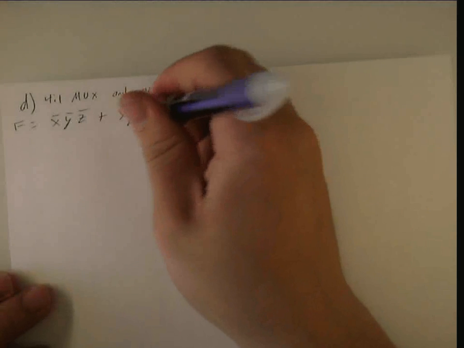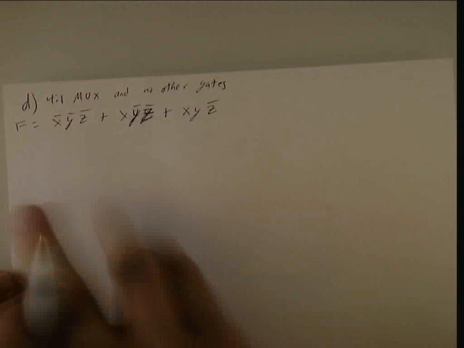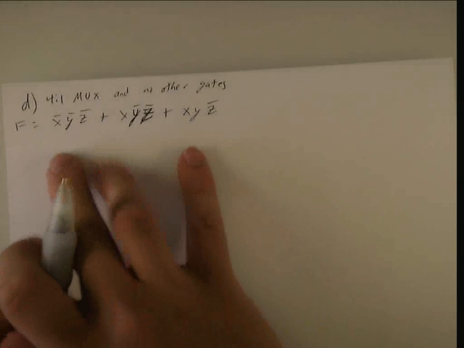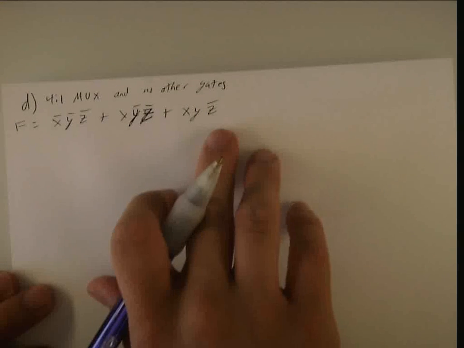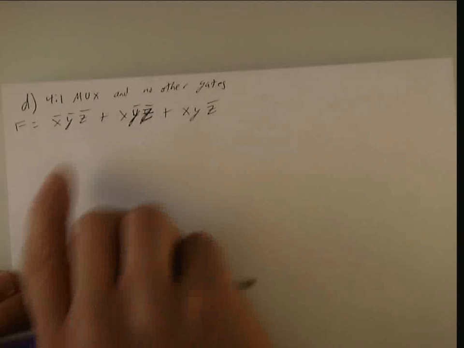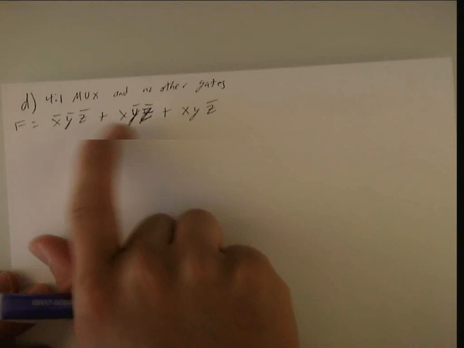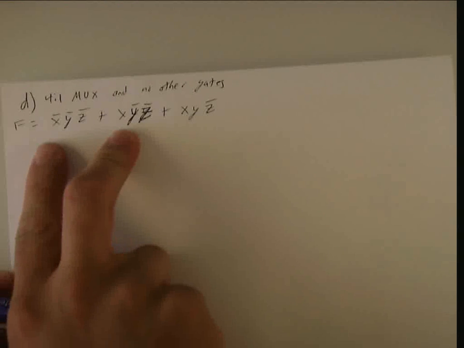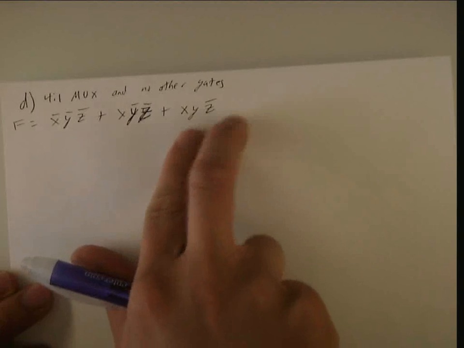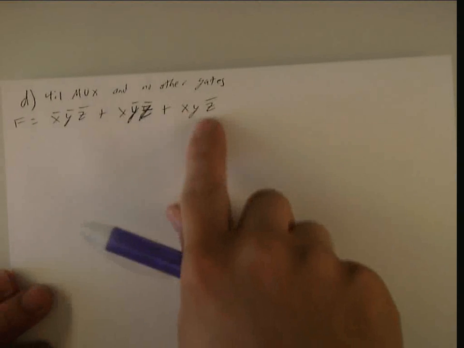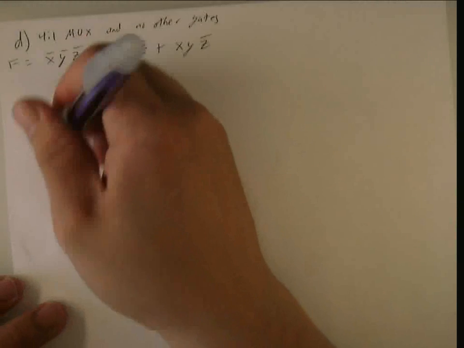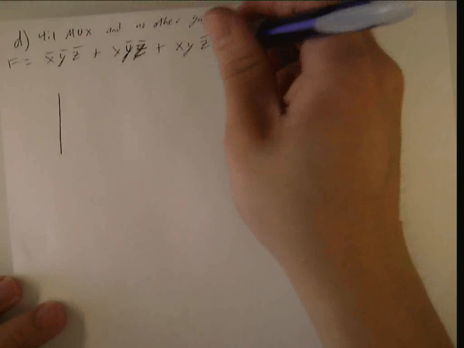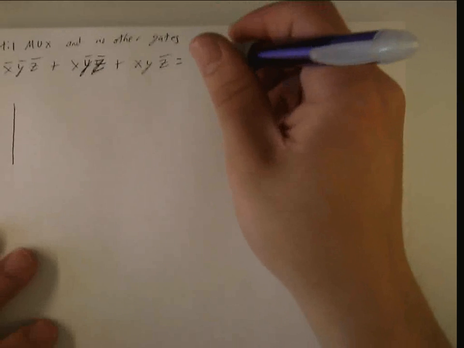And so if I use X and Y, I really can't factor anything out. And so I'm going to need to be putting Z complements in, and that's going to require a gate. So I can try Y and Z maybe. I'm going to have Y, Z bar, Y, Z bar. Oh, so I'll have X and X bar, which will be 1. And then I'll have Y, Z bar with X, so I actually won't need to complement the X, and these will be taken care of by the minterm generation function of the mux as my select bits. So let me just make this a little more explicit.